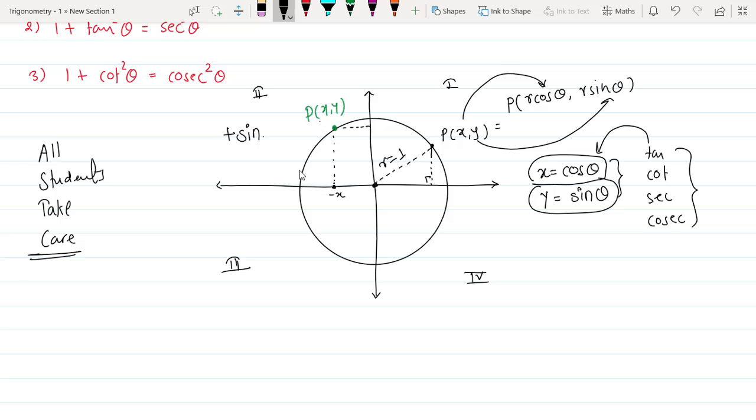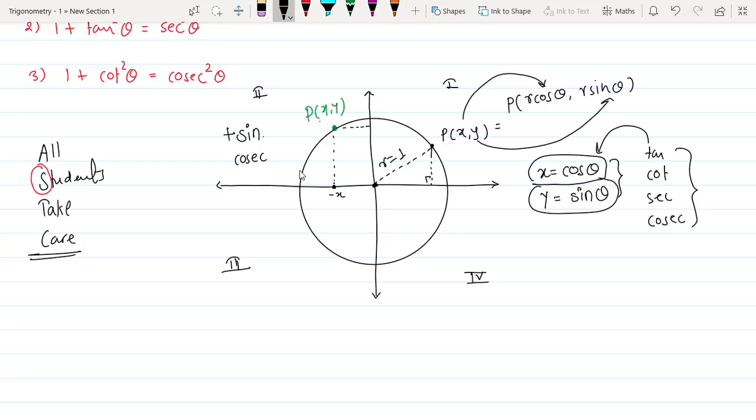So that's why we get here, all students. If sine is positive, there is one more trigonometric function which is going to be positive, and that is cosec, because sine and cosec are inverse to each other. Sin theta is equal to 1 by cosec theta. Sir, then why not cot, why not sec, and why not tan? What is tan actually?